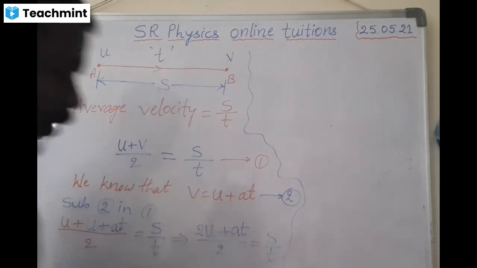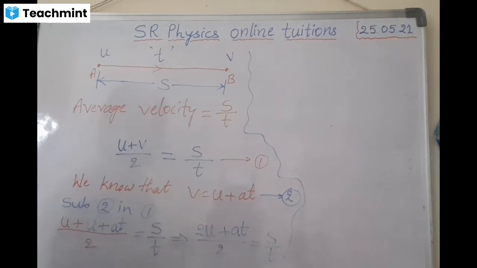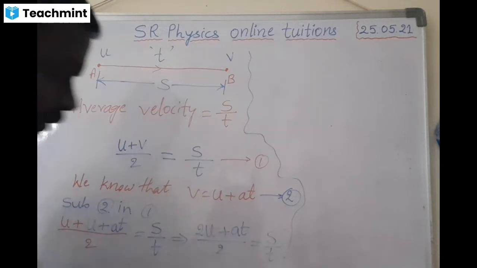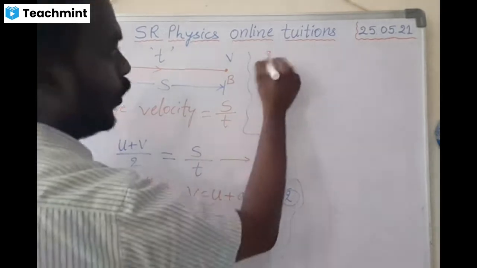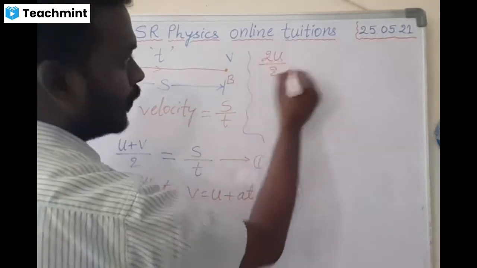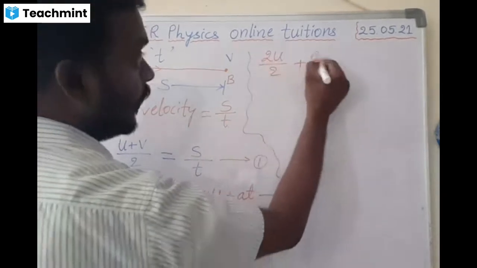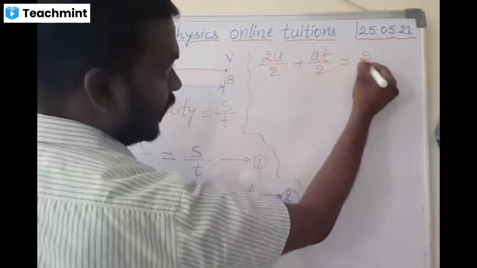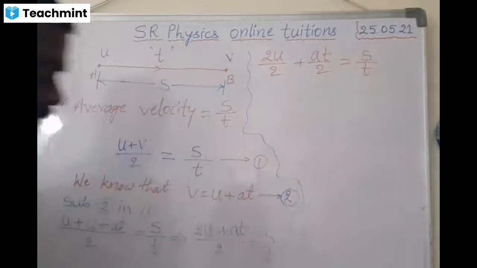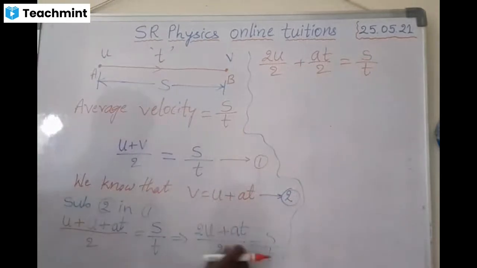Now we'll make it separate. I'm doing it as 2U by 2 plus AT by 2 is equal to S by T. Can I write like this? I'm separating this denominator for both terms separately.